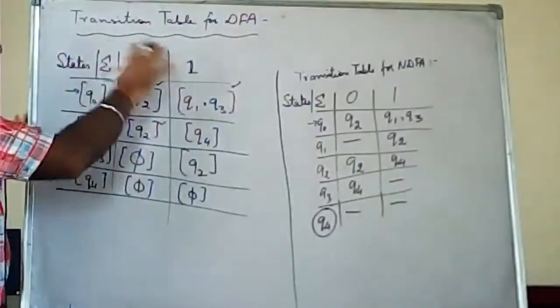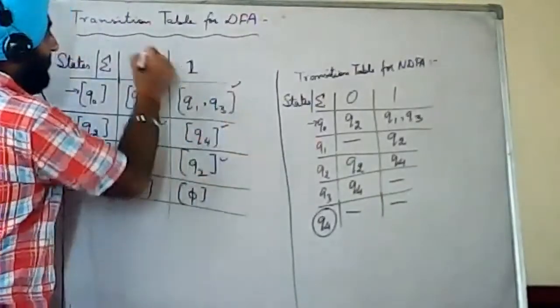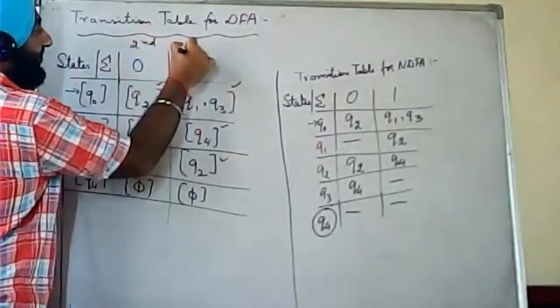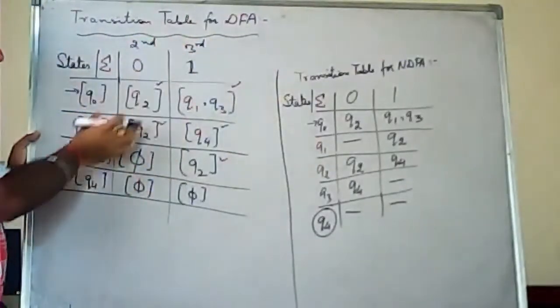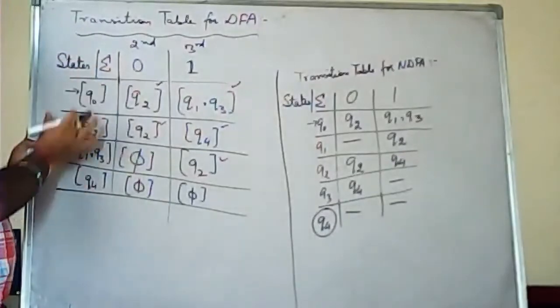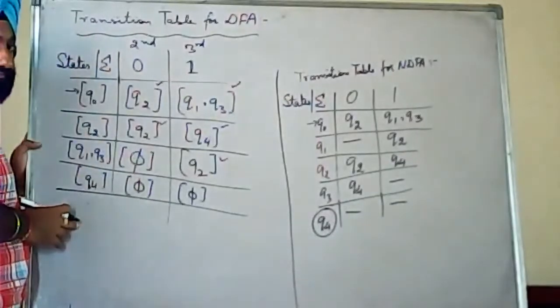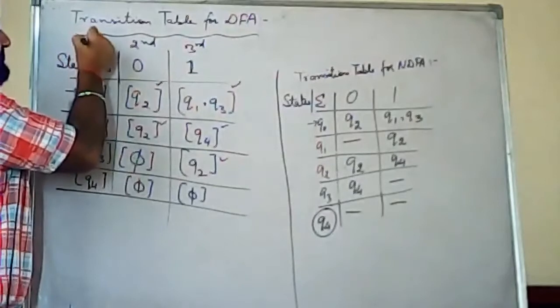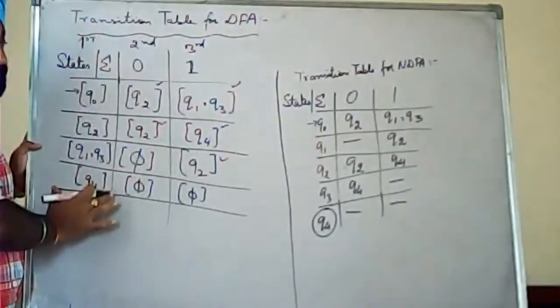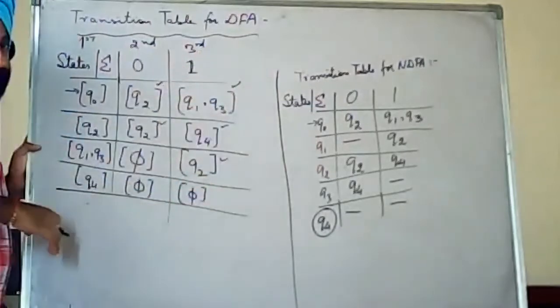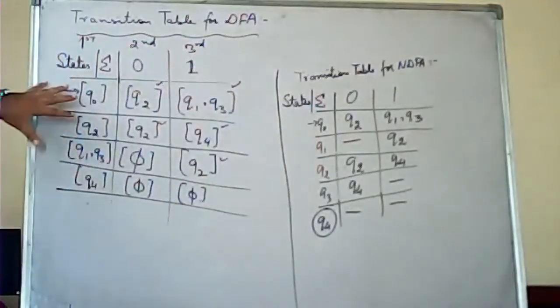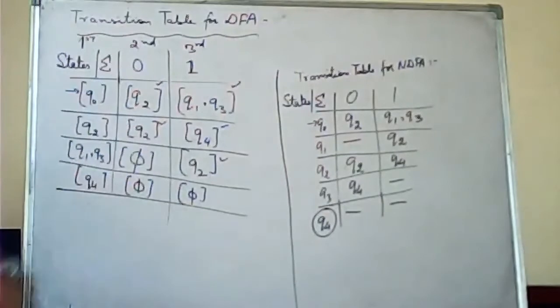All the states which are written in column number 2 and column number 3 have been traversed in column number 1, right? This complete represents your first column, second column, and your third column, right? So the table has been completed for DFA.